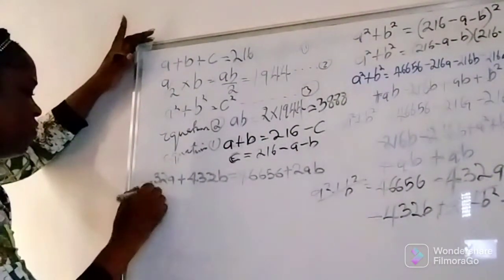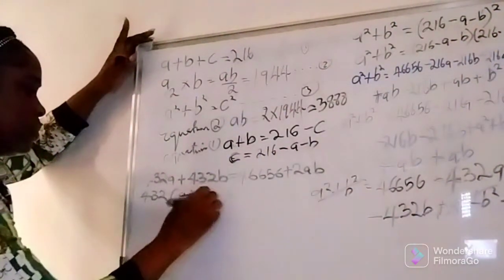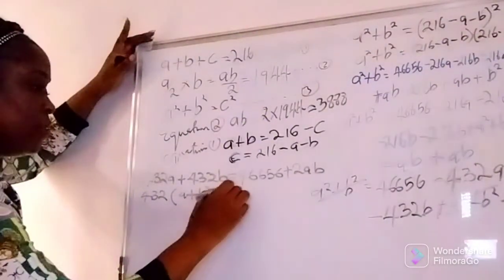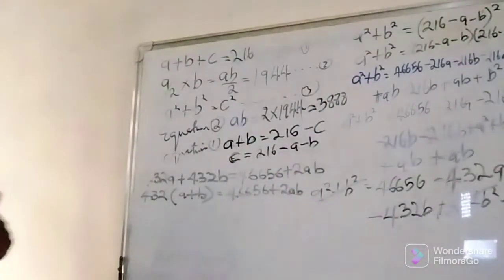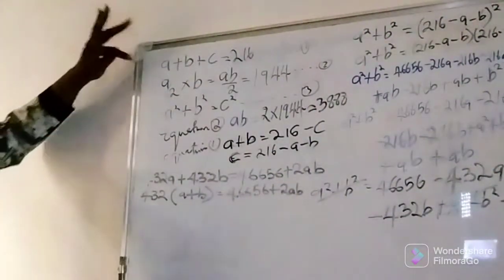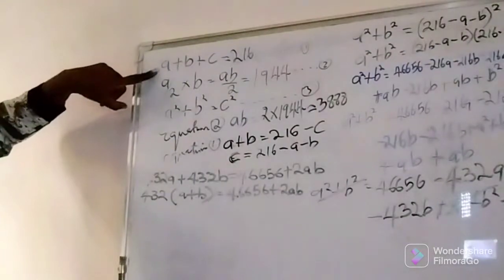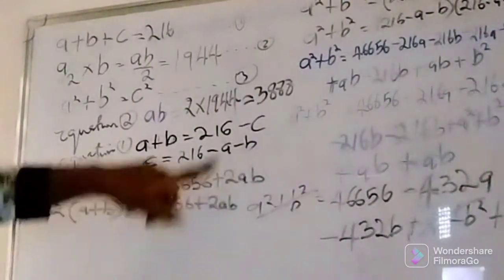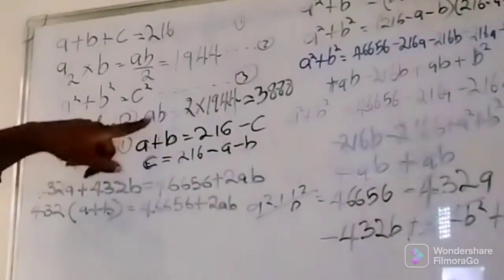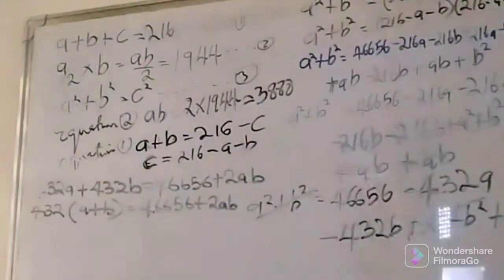So we'll say 432, factorize this to have a plus b, giving us 46656 plus 2ab. Hooray! I'm saying hooray because I can see a plus b in equation 1 already popping up, and I'm seeing ab in this equation. So our solutions are already coming out clearly.